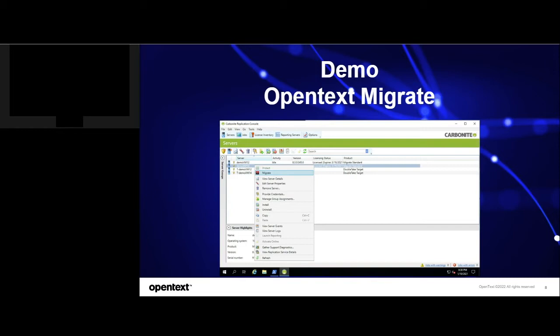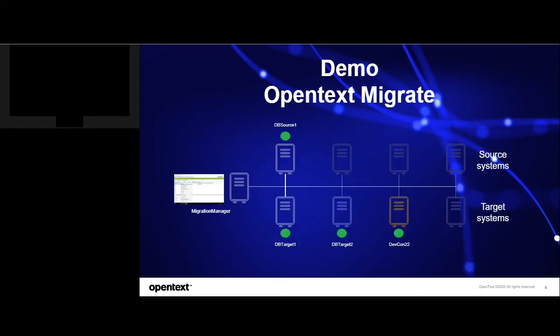And before we start looking into the demo, I want to give you a little bit more overview about the different settings, because you will see different screens, different servers, and so on. At least what I have done is I have set up a special demo environment. I have a migration manager. This can be any computer inside the network.